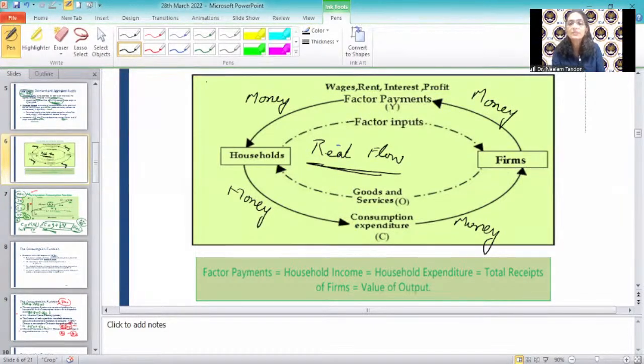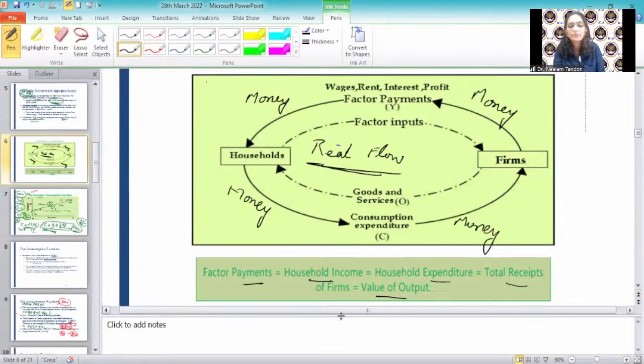These are assumptions that there are no investments, but actually there are. Otherwise, how is the economy going to sustain? What you see here in the lower panel is that factor payments equal household income, equal household expenditure, equal total receipts of firms, equal value of output.